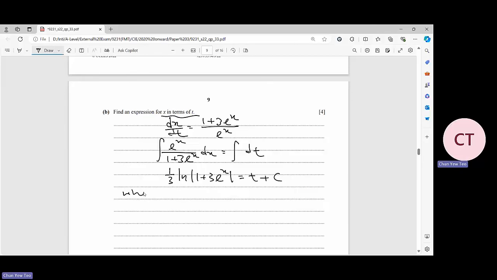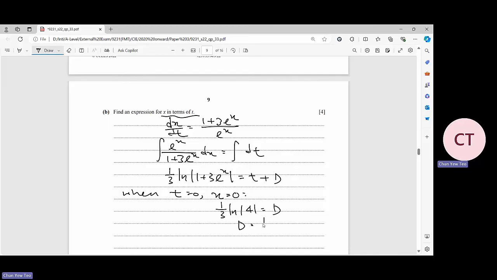Then when t equals 0, x is equal to 0. So from here, you can find the c. Now over here, maybe we don't put c, we put d. So you have 1 over 3 ln modulus 4 equals d.